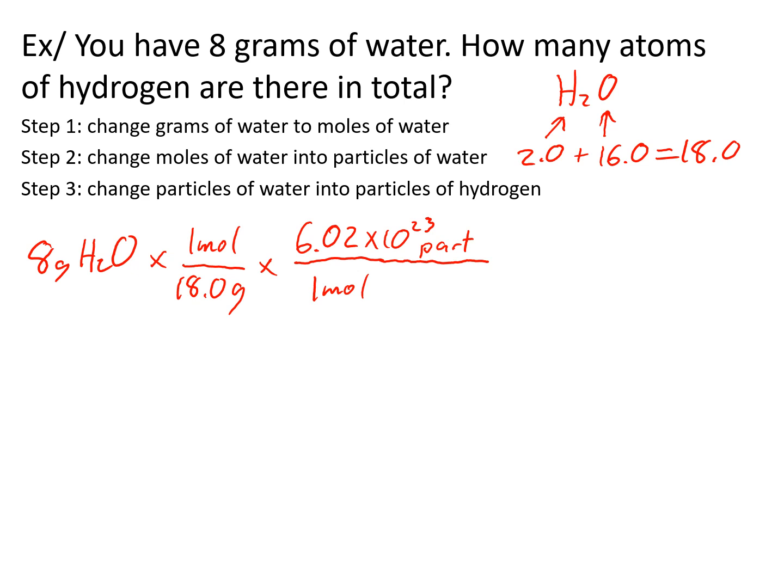So if I just did this calculation right here, I would have how many molecules of water there are in 8 grams. Now I don't quite want to know how many molecules of water there are. What I want to know is how many atoms of hydrogen there are.